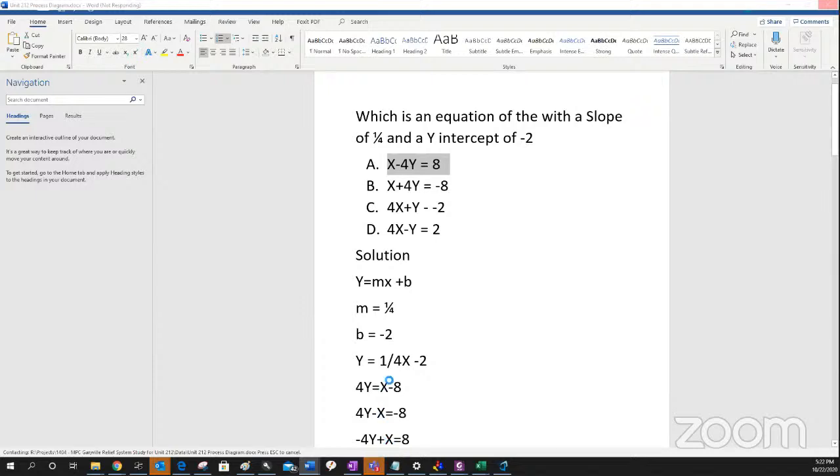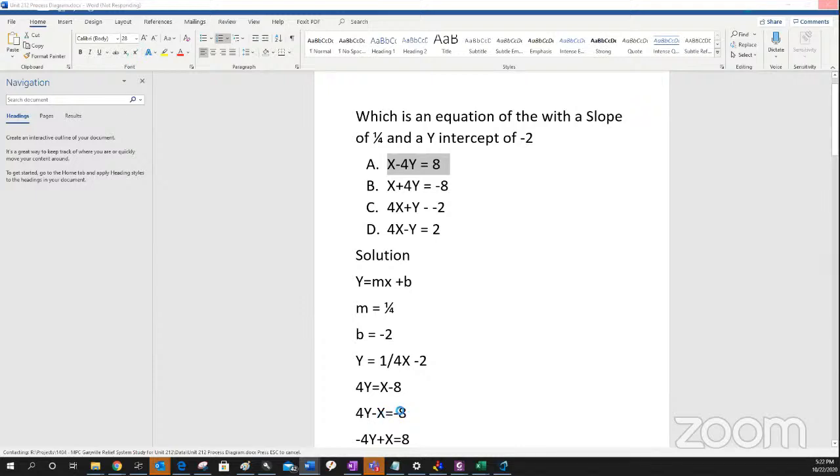Again, you can move your x to this side, or you can move your y to the other side, and move your real value 8 to the other side. That's what I did here. So I moved the x to this side, so you have 4y, negative x equals -8.